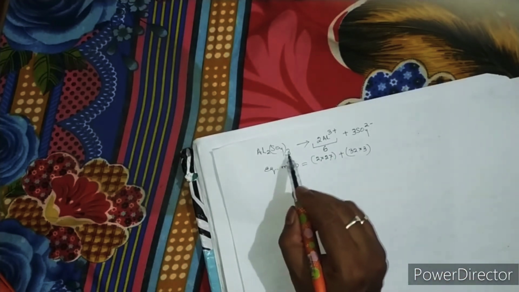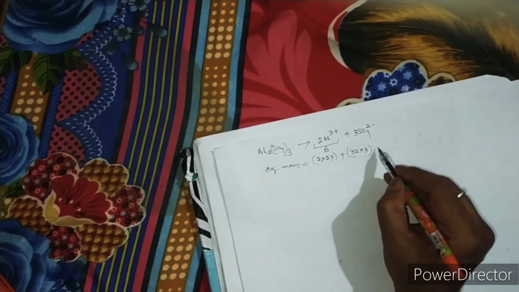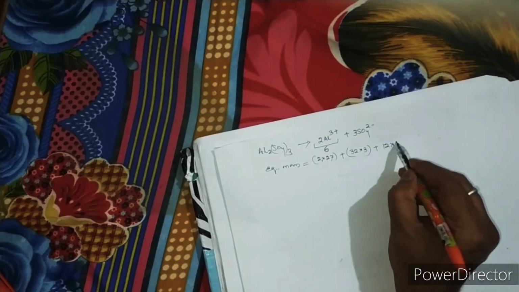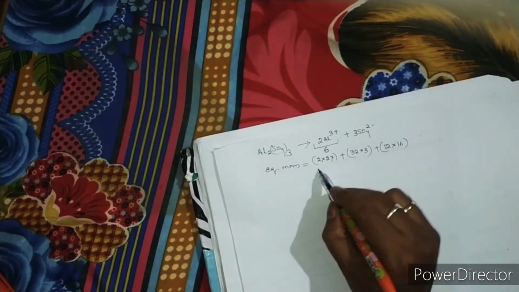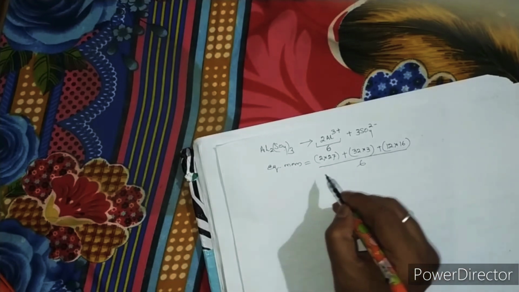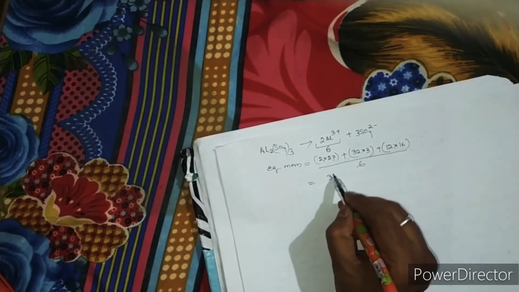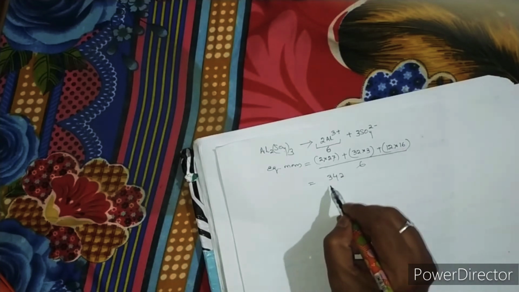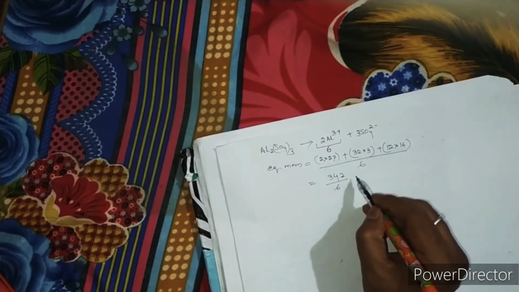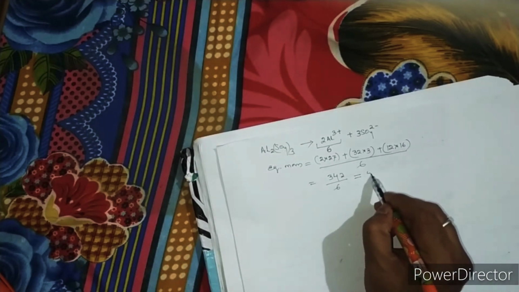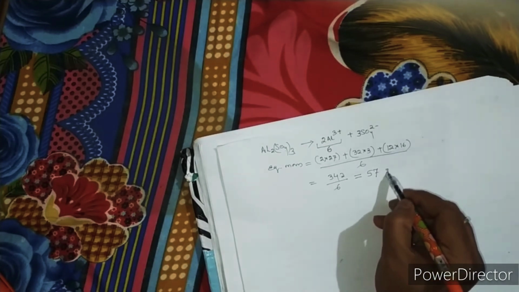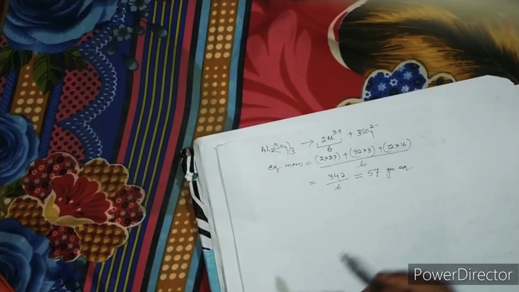O 4 into 3, that is 12, so 12 into 16, divided by 6. If we sum it, it will come to 342 divided by 6. That is 57 gram equivalent. Hence we can write the equivalent mass of aluminium sulfate is 57.